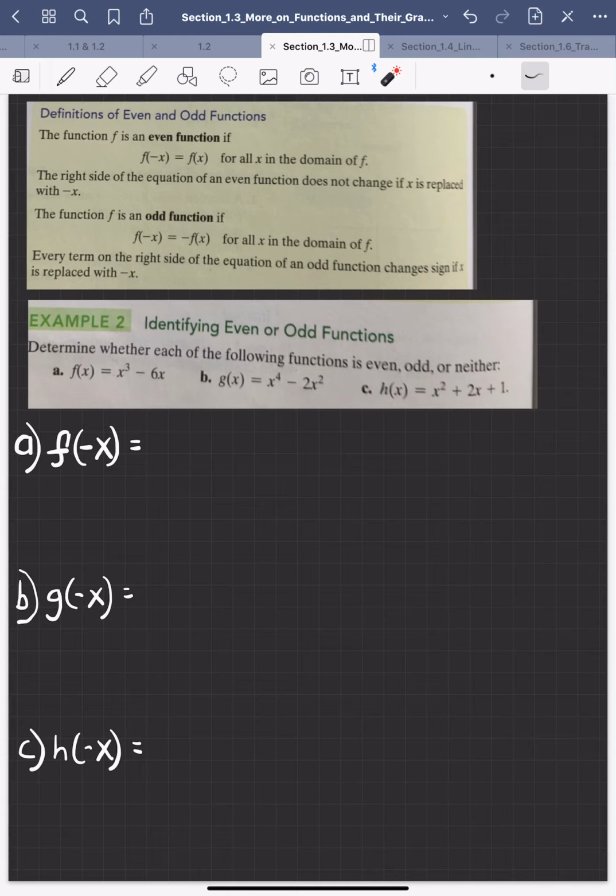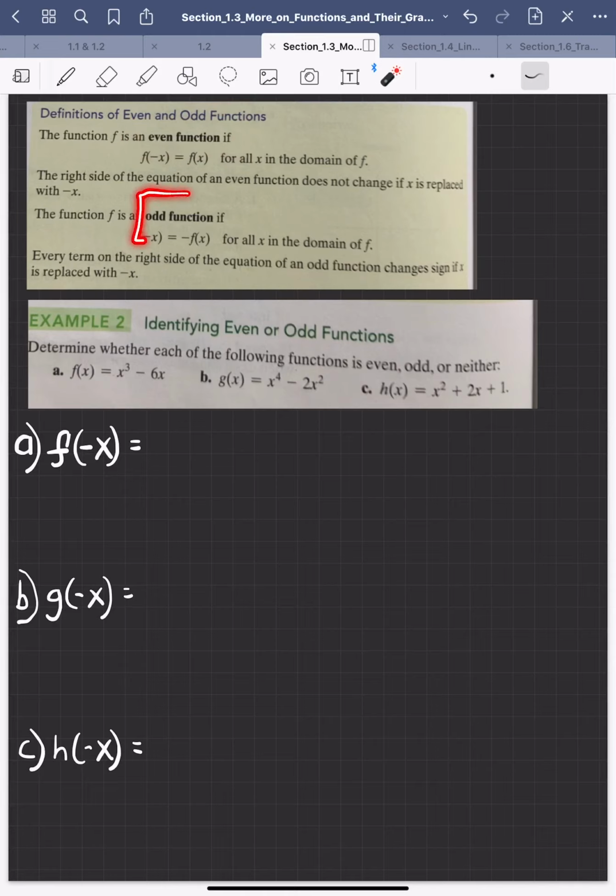So the next topic that we want to cover is this idea of an even or an odd function. Let me see if I can strategize how to teach this to you. Let me start with why you would want to know if it's an even or an odd function. Well, if you know that a function is even, it's actually really easy to graph it.